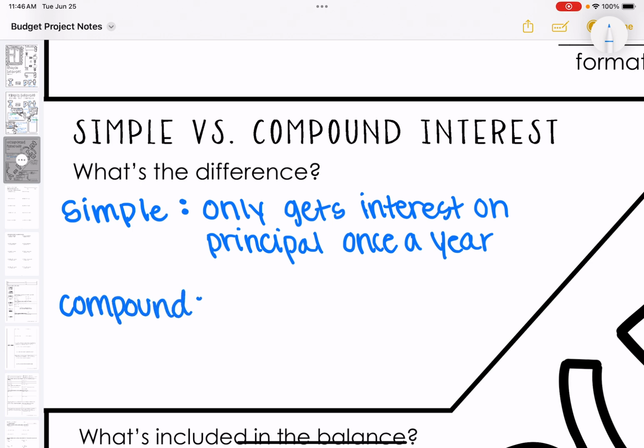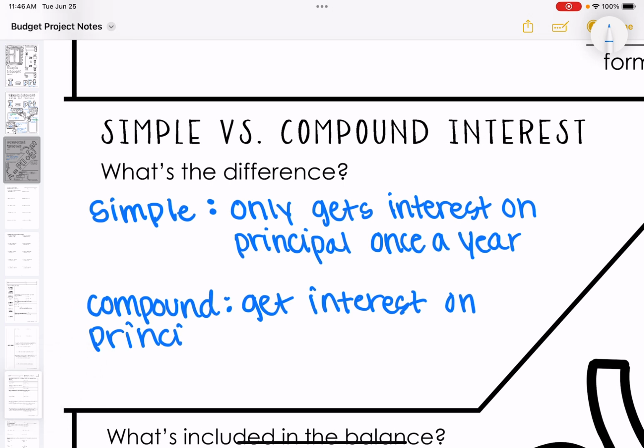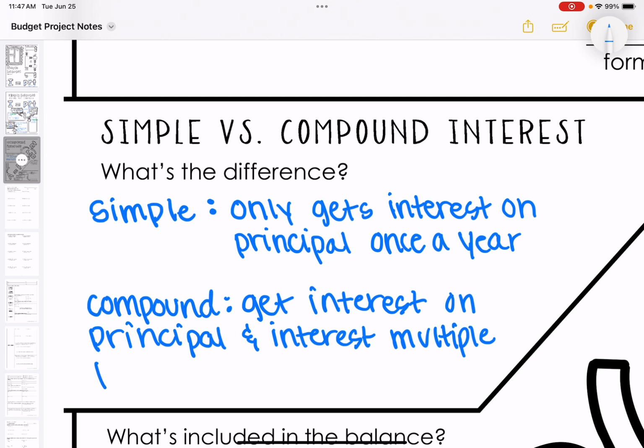And then compound, you get interest on principal and interest multiple times a year. Simple, you only get interest back on your principal once a year.